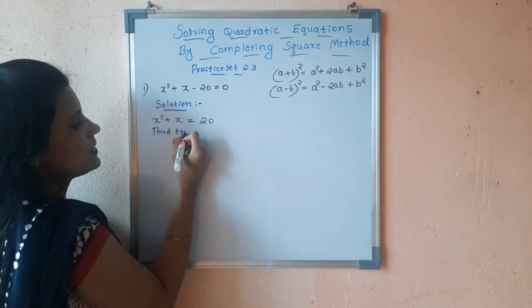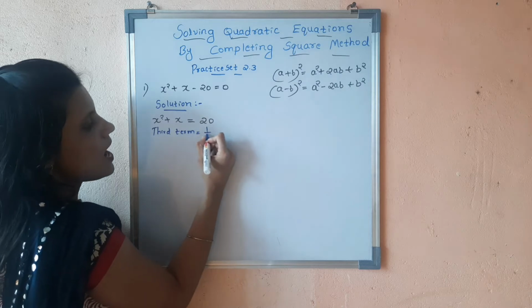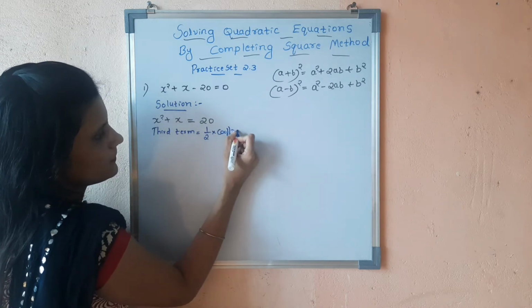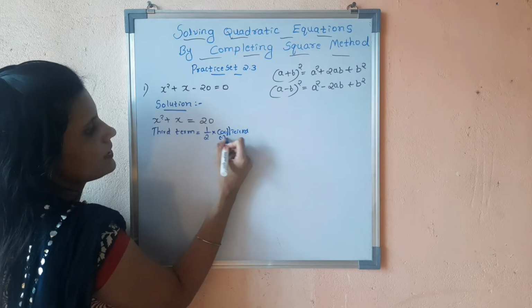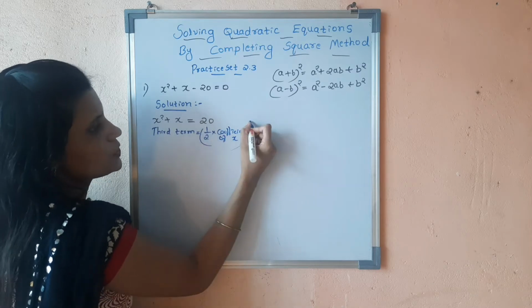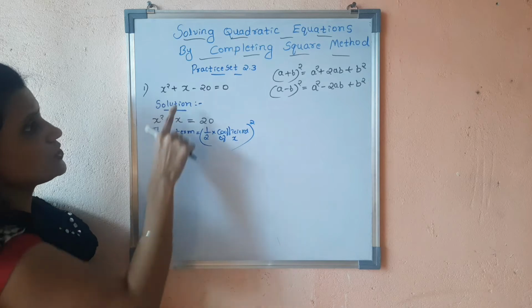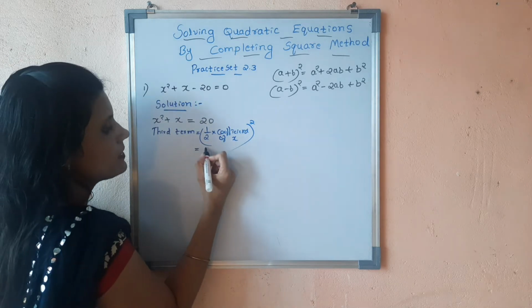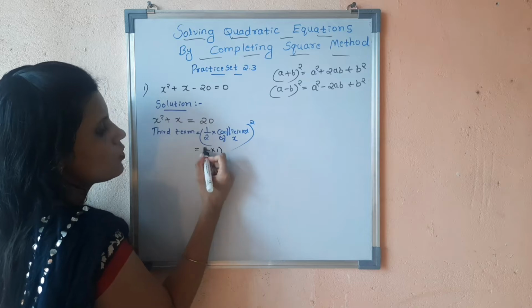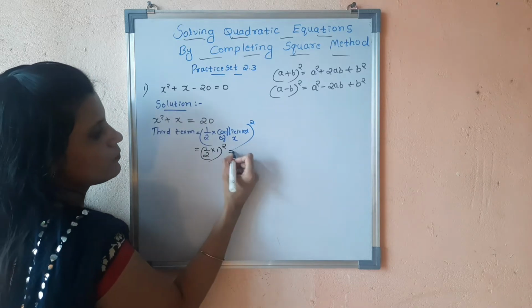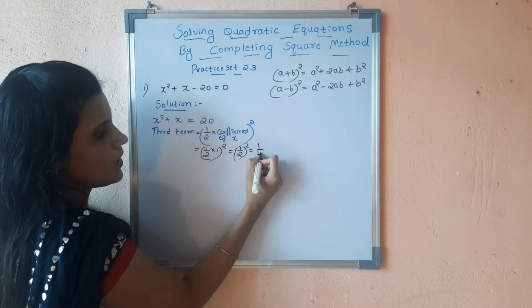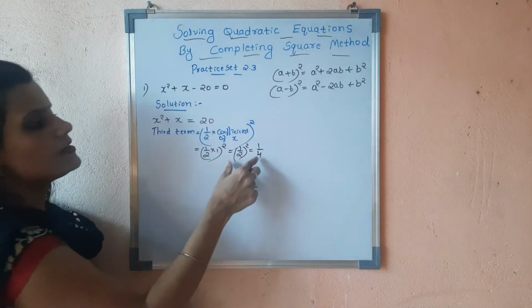Third term is equal to half into the coefficient of x, whole square. Now what is the coefficient of x over here? Nothing is written, that is 1. So we will write half into 1 whole square. 1 into 1 is 1, 2 whole square, which is nothing but 1 upon 4. You got the third term.